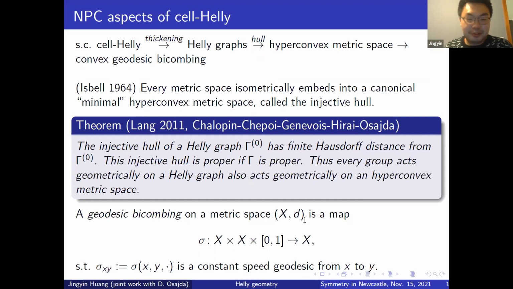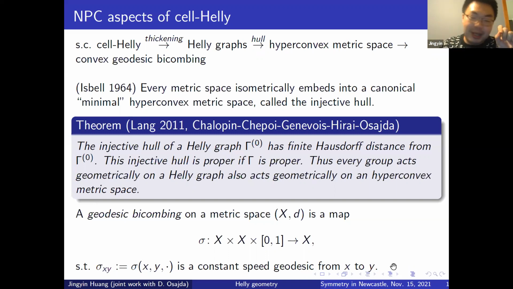Which basically is the following set of information. A geodesic bicombing is, for every pair of points X and Y in my big metric space, big X, an assignment of a constant speed geodesic from X to Y. So basically, a bicombing is just an assignment of a geodesic for every pair X and Y.